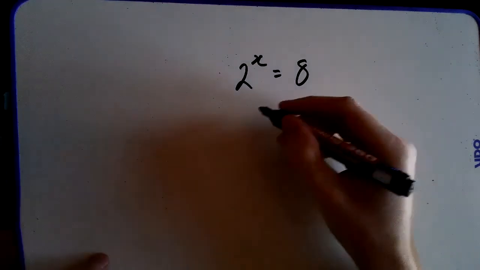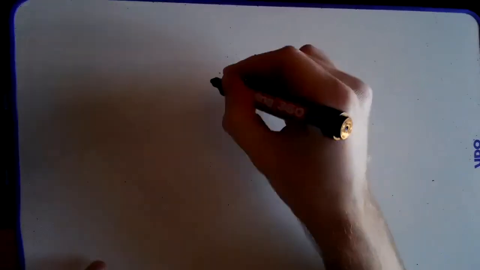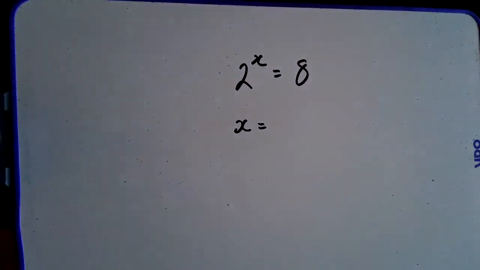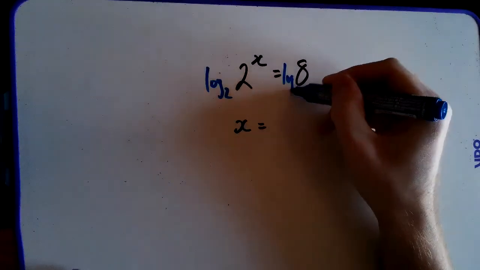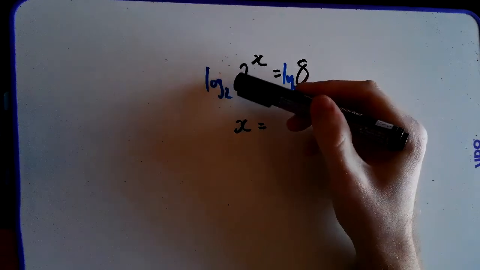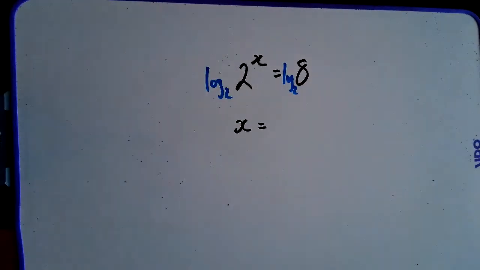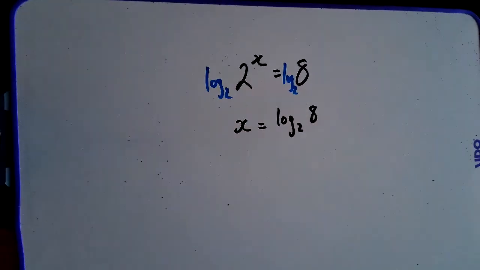I could do that by doing log base 2 on both sides. On this side, the log 2 and 2 cancel out, so I get x. On this side, I get log base 2 of 8. Type it in your calculator, and that will just give you 3.